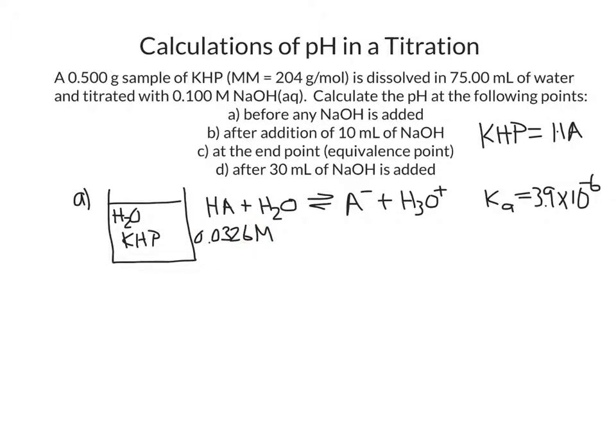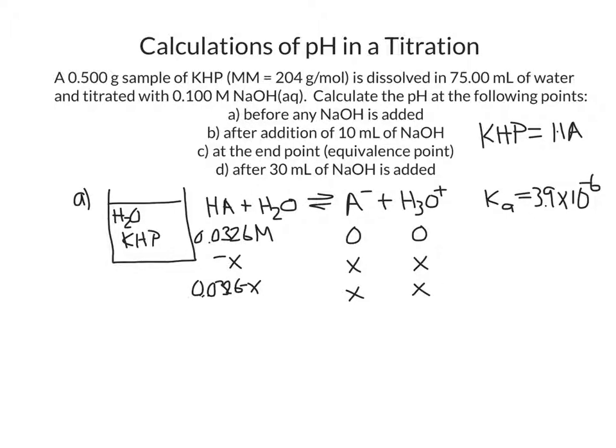I haven't put any conjugate base or any strong acid into my solution, so to get to equilibrium I need to make x of the conjugate base and x of the H3O+, which means I need to use up x of the weak acid. So I'm going to have 0.0326 minus x of the weak acid at equilibrium, and x of the conjugate base and x of the H3O+.